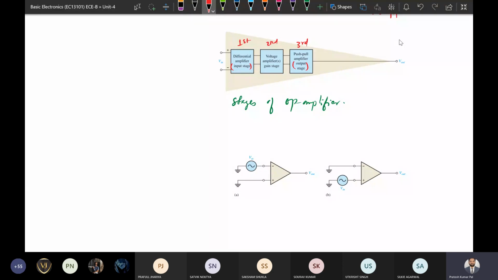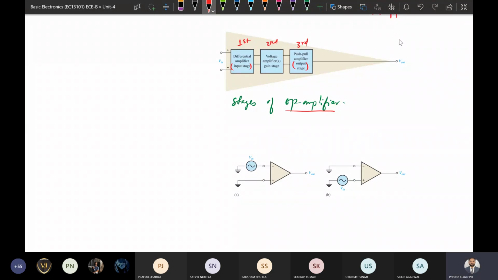This differential amplifier is basically used to have high input resistance, and the push-pull amplifier is considered to be an output stage that provides a very low output resistance. There are different advantages of these 3 stages, and by combining all of them we obtain the operational amplifier that provides a very high input resistance and very low output resistance.